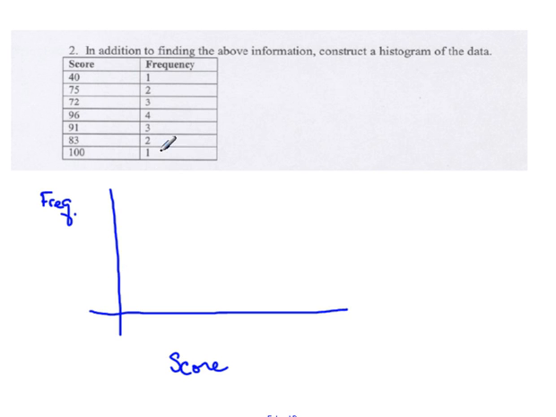So notice my frequencies go from 1 to 4, so I'll make this labeled scale of 1 to 4, and my scores go from 40 to 100. So I'll go 40, 50, and just count by tens. Okay, now we just make a bar chart.